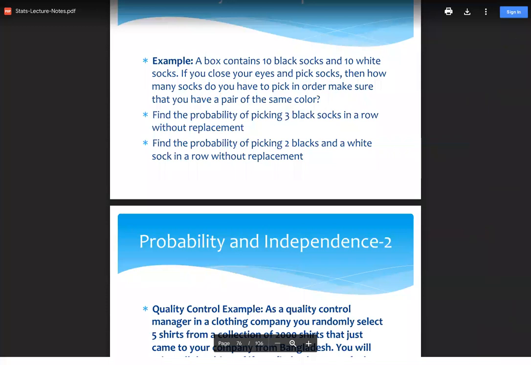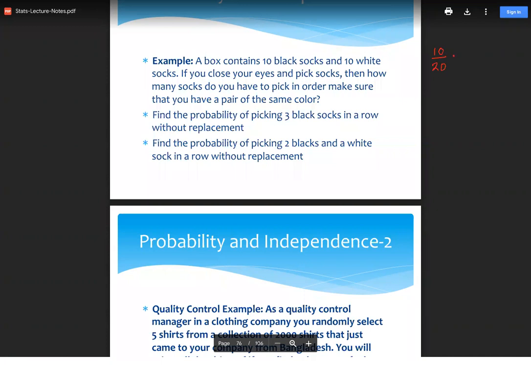So the probability that you will get 3 black socks in a row. What is the probability that you will get a black sock the first time? Somebody help me out. You have a 50-50 chance of pulling a black sock the first time. Which is what? 10 out of? 10 out of 20. Perfecto.